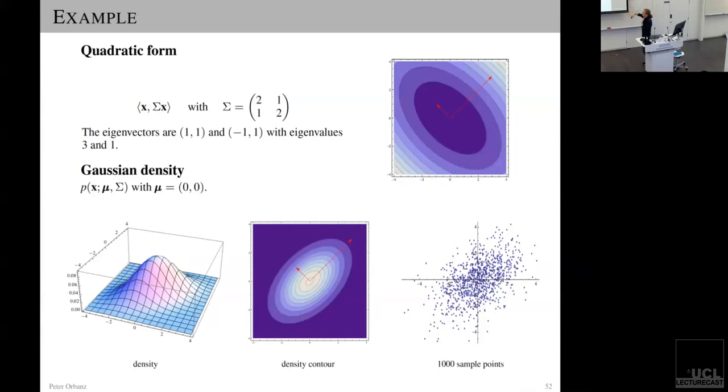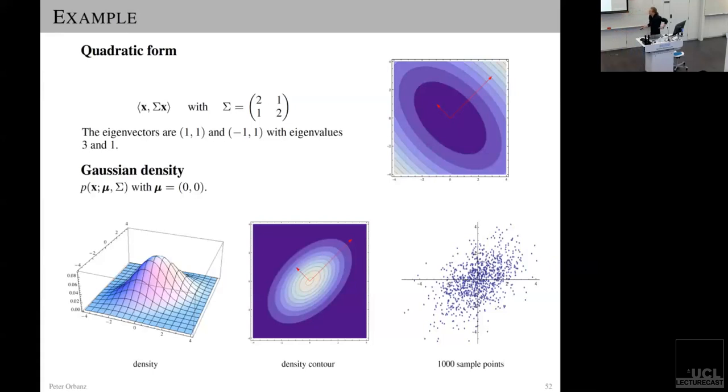This quadratic form is bowl-shaped, as we've looked at before, so the minimum is in the middle. For this density, obviously the density should be positive, and it's unimodal, it's a Gaussian, so the maximum is in the middle. That makes sense.